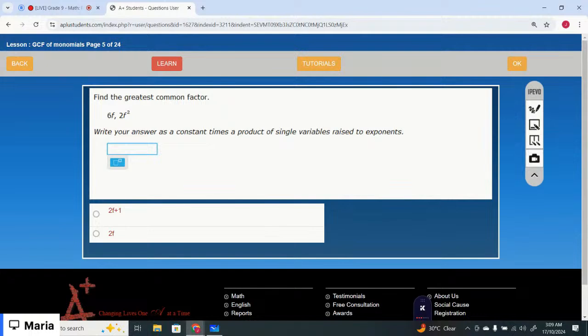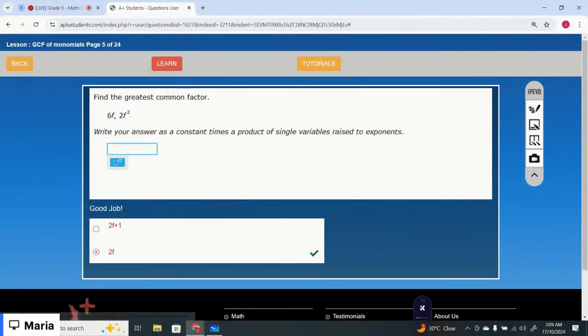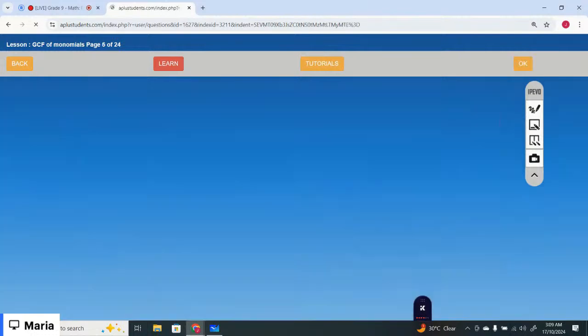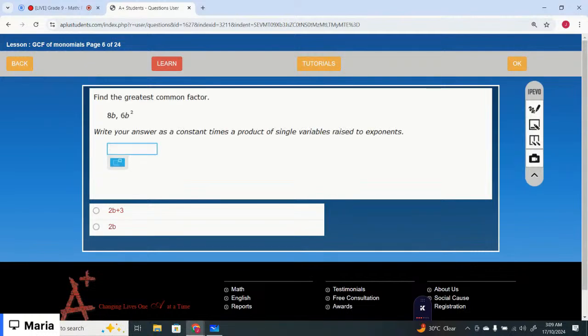Option number 2 is the correct option. Find the greatest common factor of 8b and 6b square.